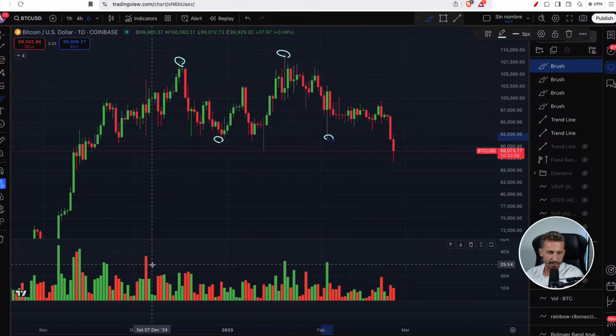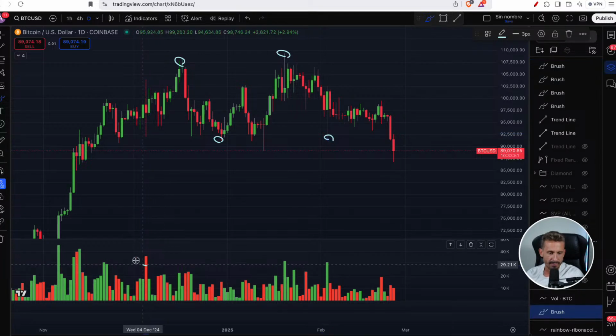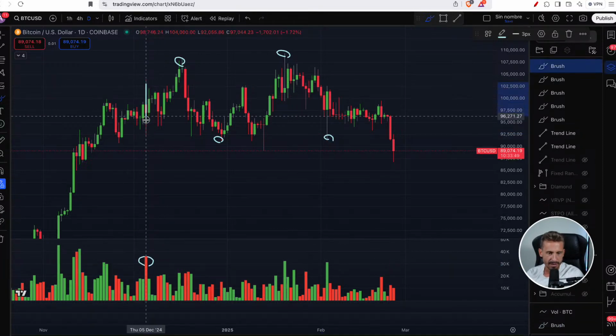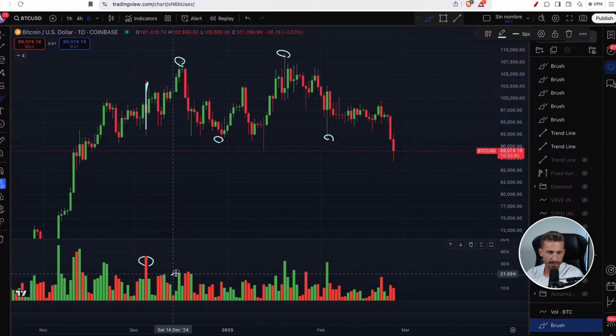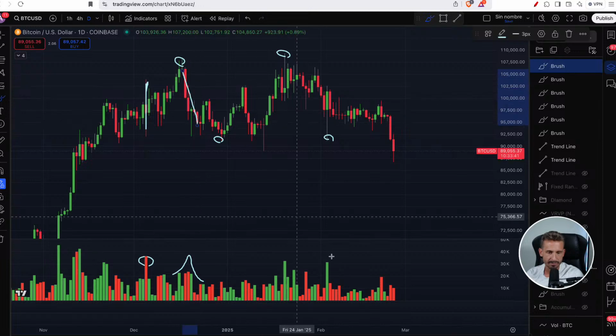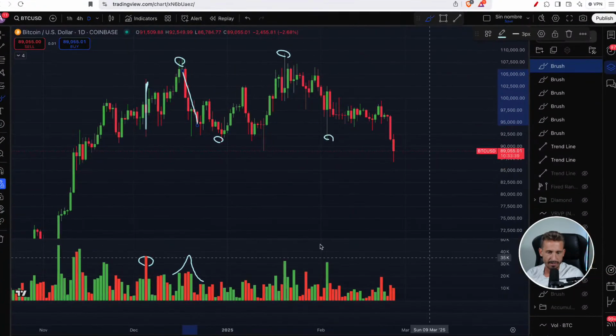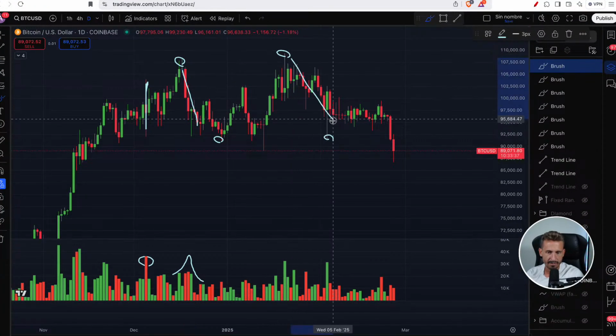You do not see massive red volume. You got red volume here, but this was in the middle, just a doji candle. You should see the volume increasing very aggressively throughout this drop, even throughout this drop right over here.